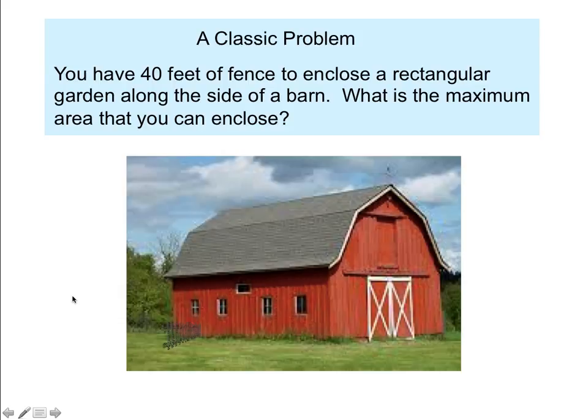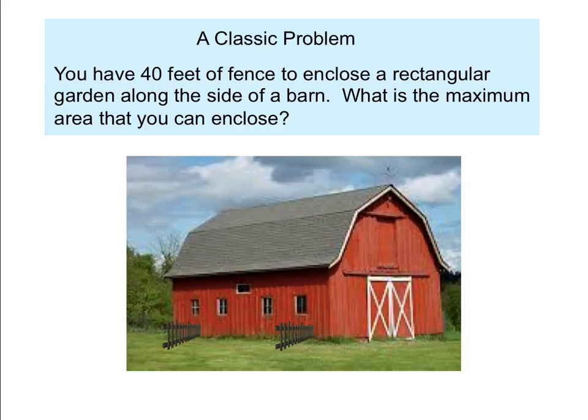As we're unrolling this fence, we can start propping it up against the side of the barn, and we would have something that looks kind of like that. We're creating some sort of rectangle, and we're using the fence for the left and the right side, and we're using fence for the front, but we don't need a fence for the back because that's the wall of the barn.